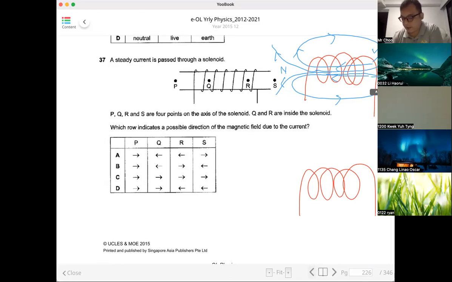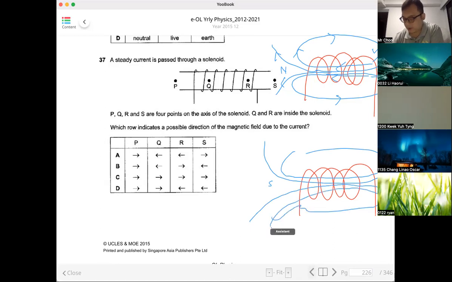Then the other scenario, if on the right is the north, on the left is the south, it will look like this.